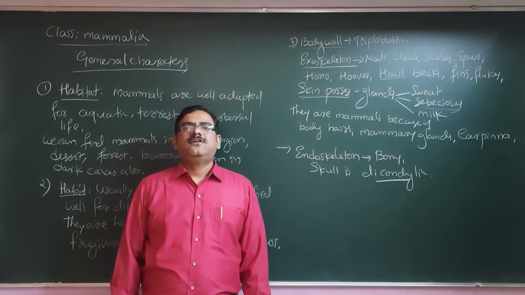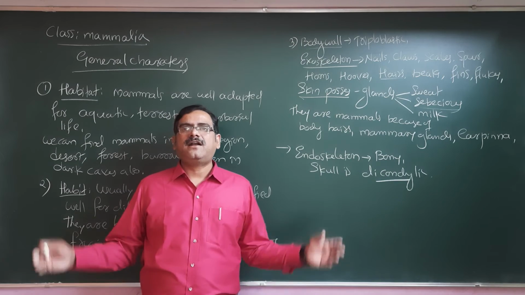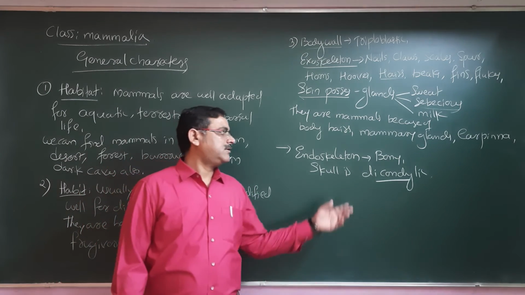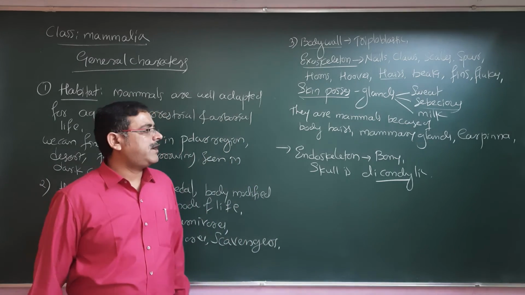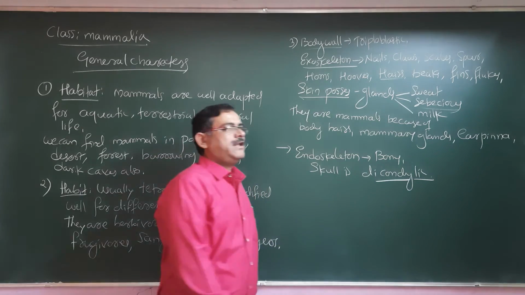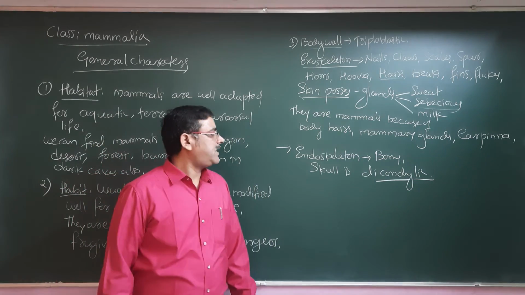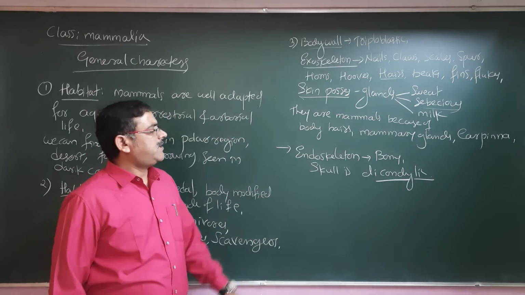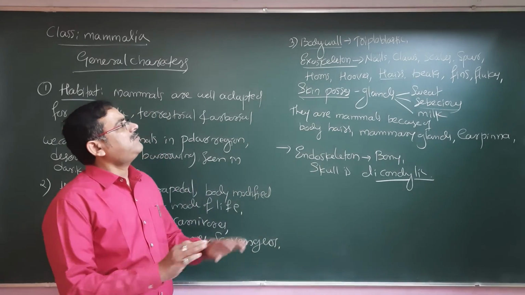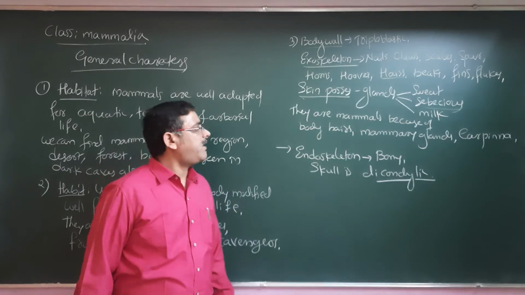We can't rotate our head 360 degrees like a bird, because our skull is dicondylic, which permits only 180 degree movement. So the skull is dicondylic, and the endoskeleton is bony. There are lots of modifications we can find.